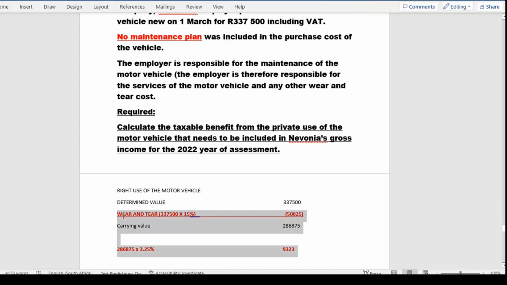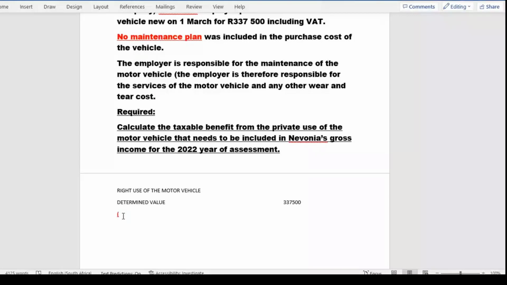Let me show you the corrections. The determined value will be 337,500 multiplied by 3.5%, and then you multiply by 12 months. 337,500 multiplied by 3.5 divided by 100, multiplied by 12 months, is 141,750.